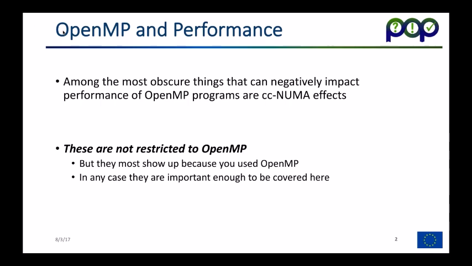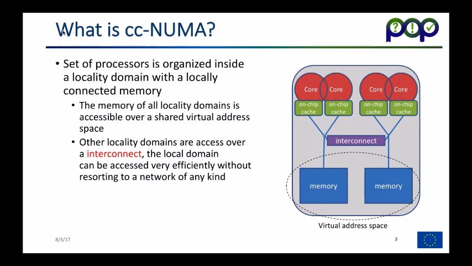OpenMP and in fact all other threading models, like Intel Threading Building Blocks or PPL or POSIX threads or whatever you might use, are very sensitive to NUMA effects because they exploit the shared memory of current systems. But NUMA is a property of an architecture that you have to deal with even when you use MPI programs. So let me explain what NUMA is.